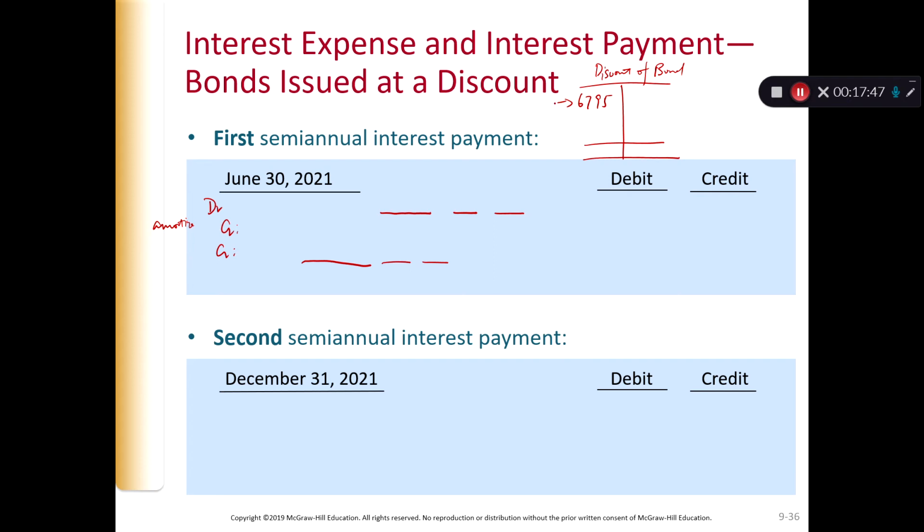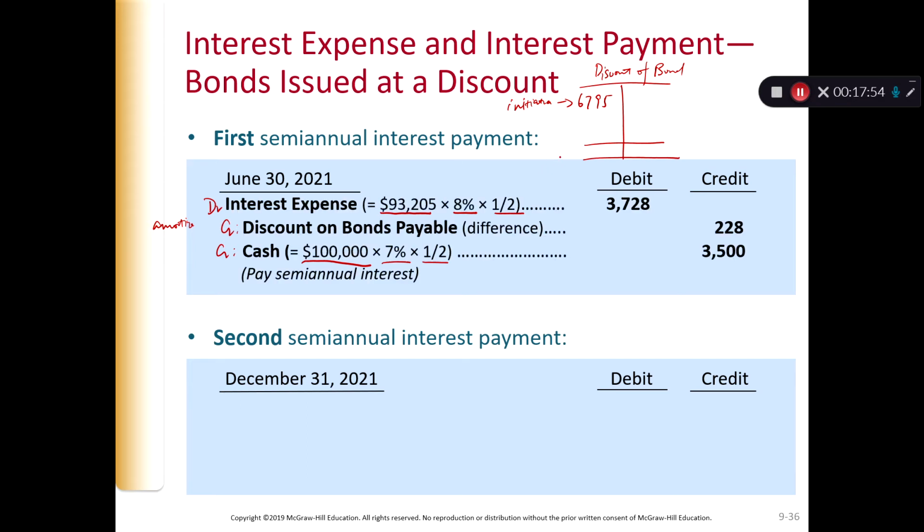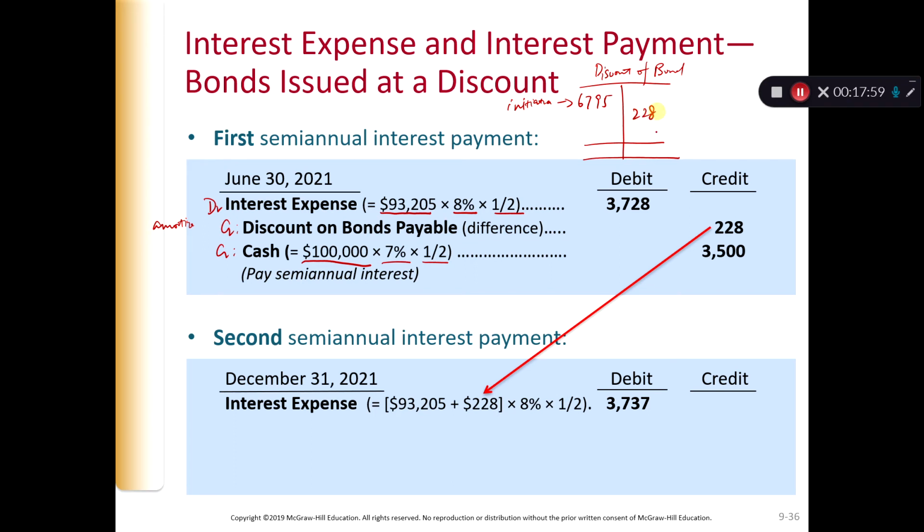This is the issuance date, the initiation date. And then in the first period, you have a credit of $228 to the discount. So as you can see, the amortization of discount amortizes the debit balance of the discount over 20 periods until it's exhausted to 0. So 20 periods later, the discount on bond account will have a zero balance.